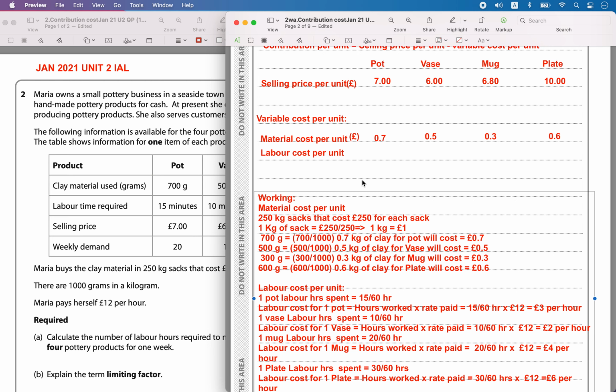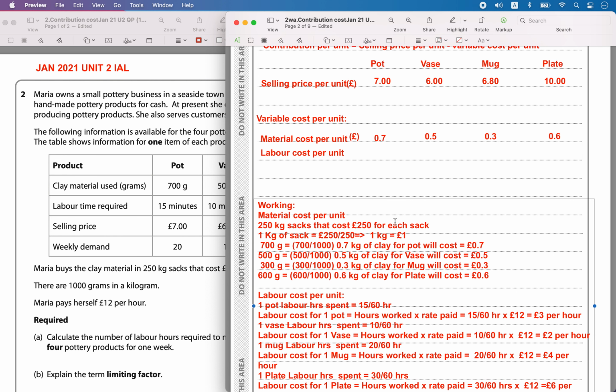So 6 pounds per hour. Now let's fill up here what is the labor cost that is being paid. She is getting paid 3 pounds for making one pot and 2 pounds for making one vase, and then for the mug she gets 4 pounds.